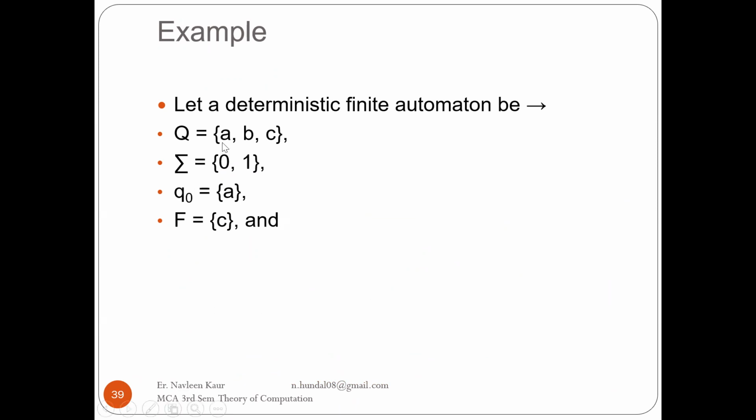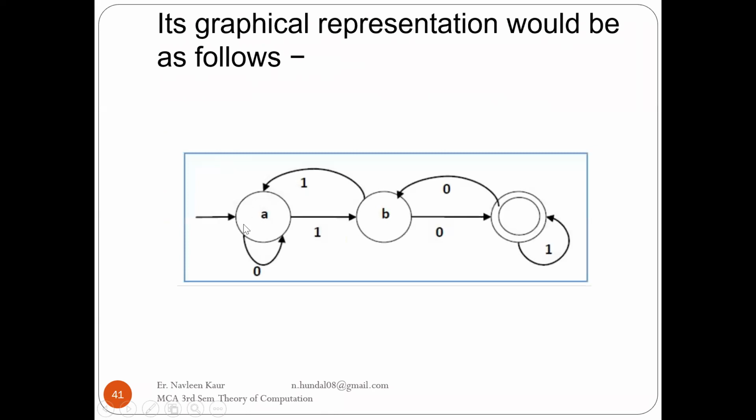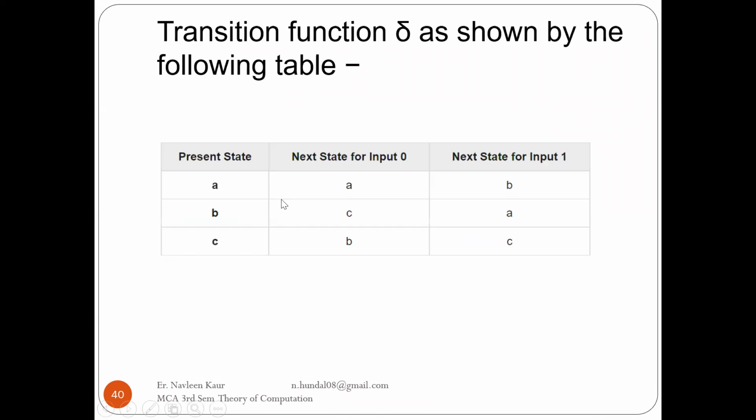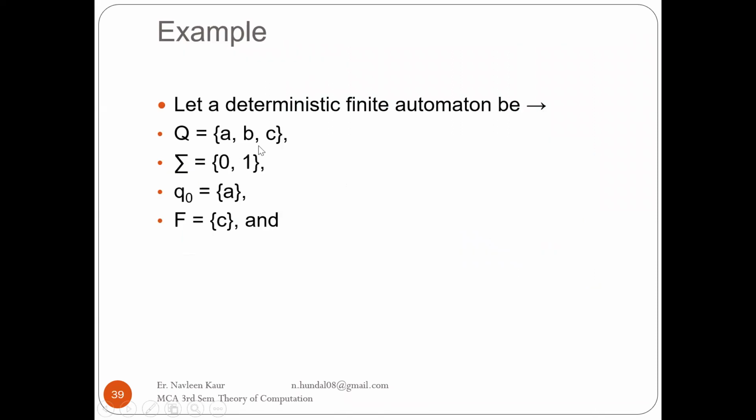For example, A, B, and C. This is A, this is B, and here C is missing. This is some problem with the diagram, so consider that here you have C. Instead of Q0, Q1, and Q2, now I am naming them A, B, and C. It is perfectly fine. So it has 3 states, A, B, and C.